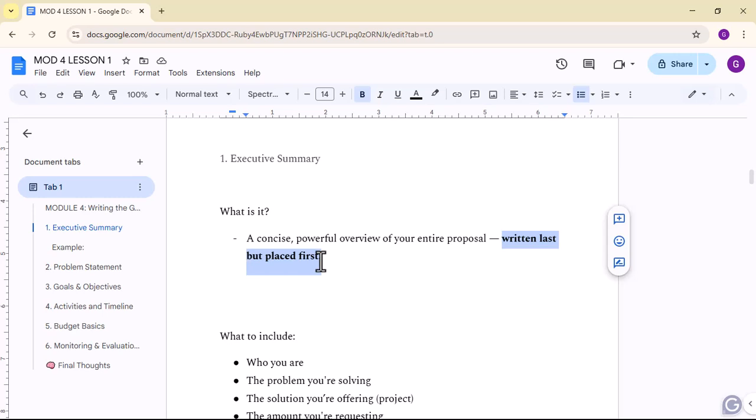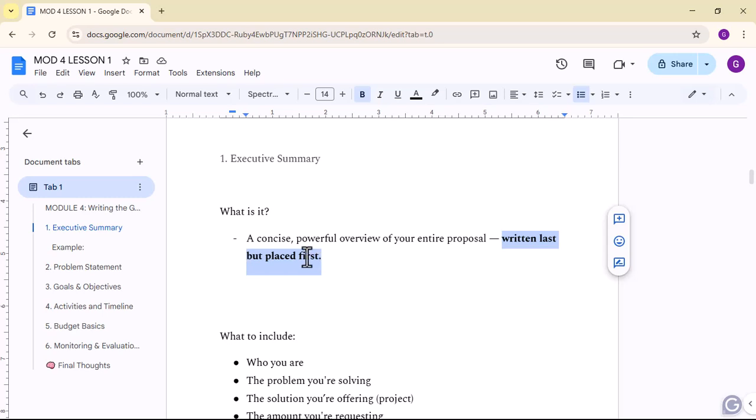So it comes first in the structure of your proposal or your plan, but you write it last. I hope you get that. It's after you have done all the groundwork that you can look at everything you have worked on and put it in a summary.